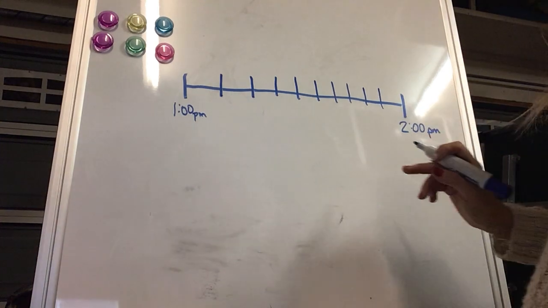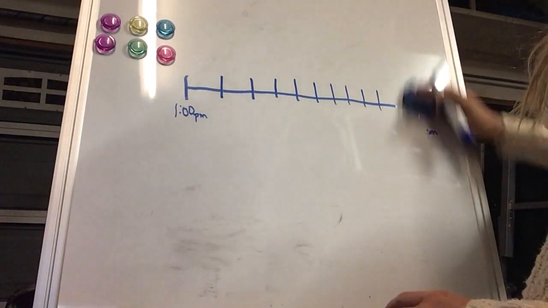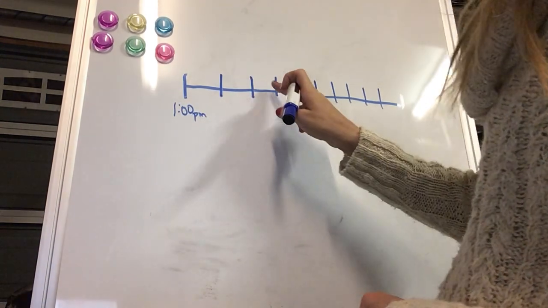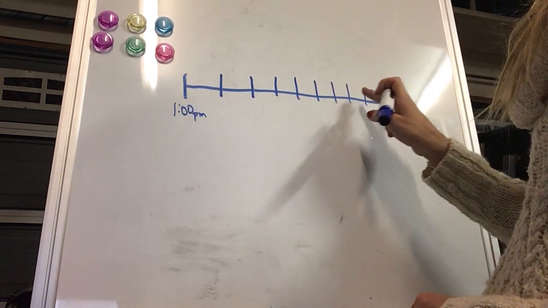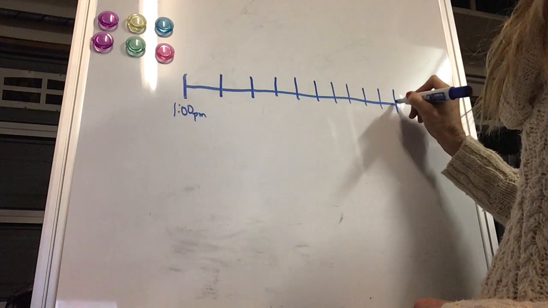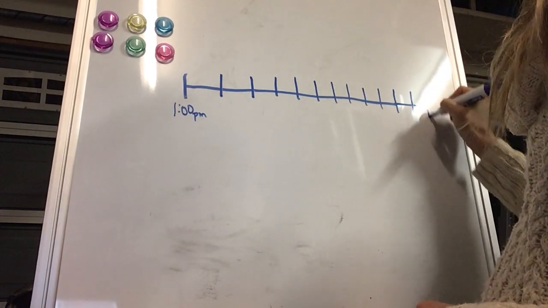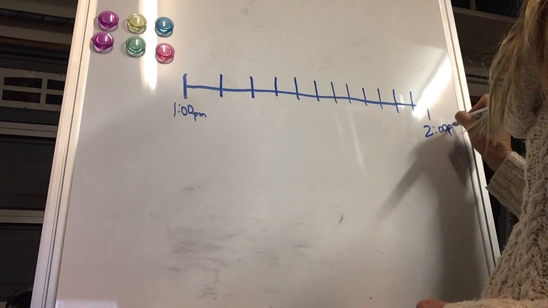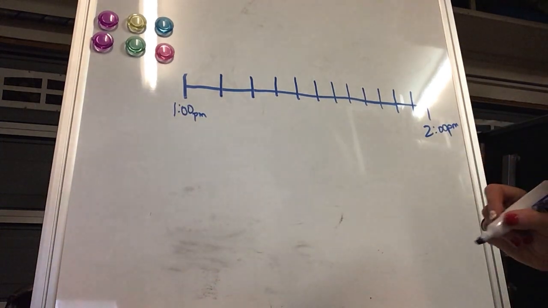I didn't do a very good job, so I'm going to have to redo my line. Luckily, I did mine on a whiteboard, so I got to count better. 1, 2, 3, 4, 5, 6, 7, 8, 9, 10, 11, 12, 13. There's my line. 2 o'clock p.m. There we go.